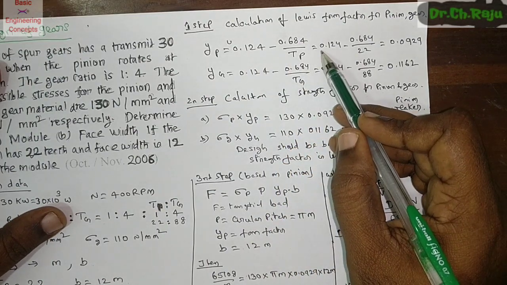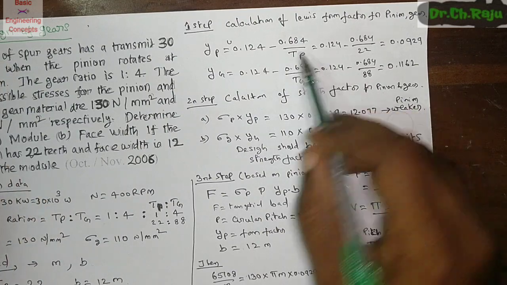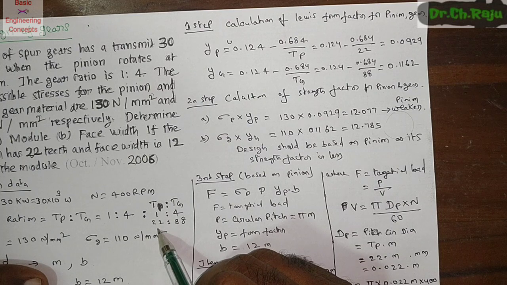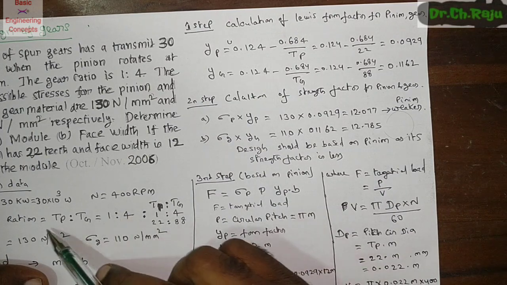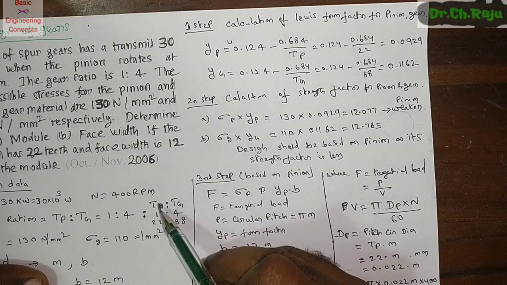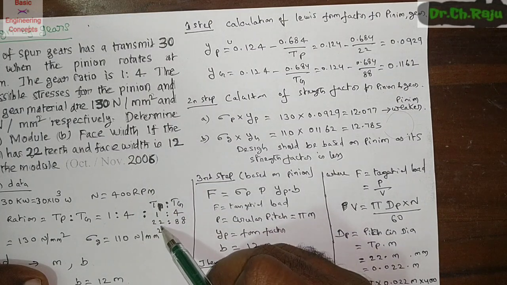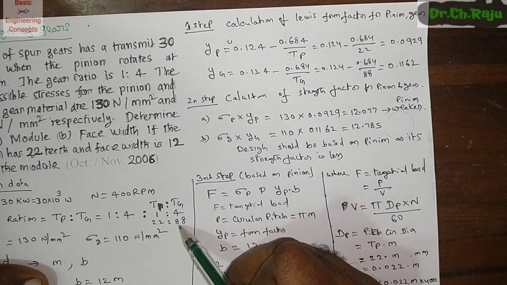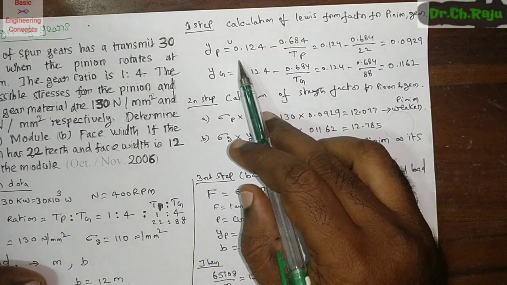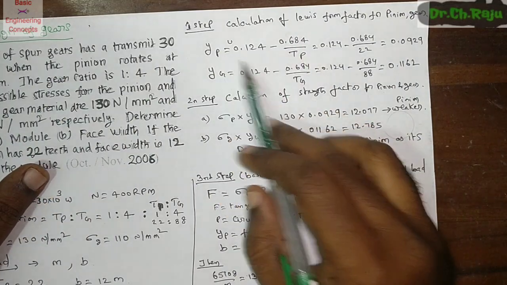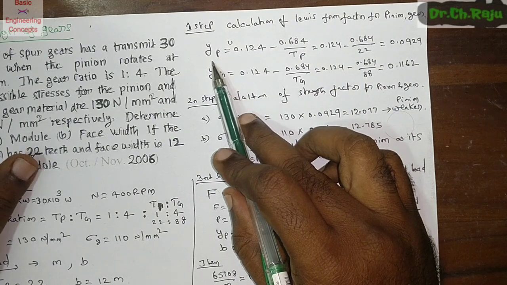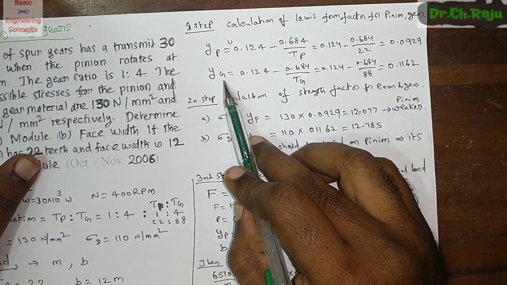As TP is already given, that is 22 teeth of pinion, and as per the gear ratio TP is to TZ is equal to 1:4, whenever TP is equal to 22, then TZ is equal to 88. So in this equation we are going to apply those values, TP and TZ. This is for the form factor of the pinion, and this is for the form factor of the gear.